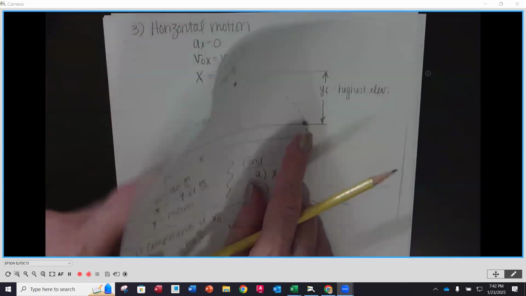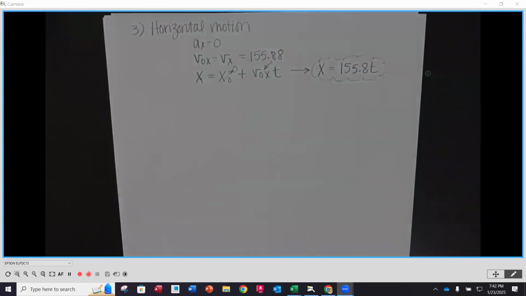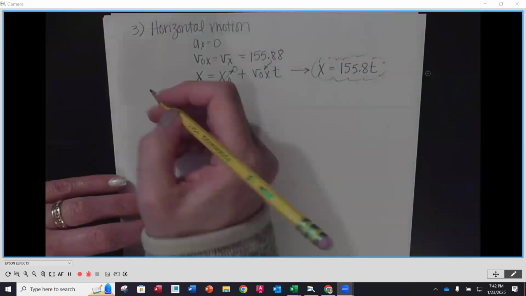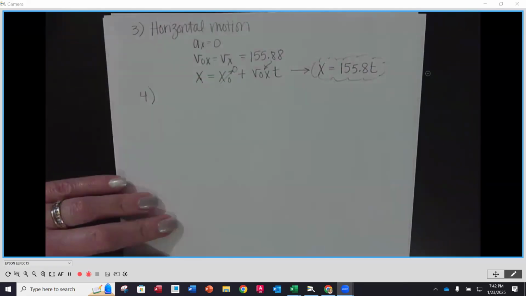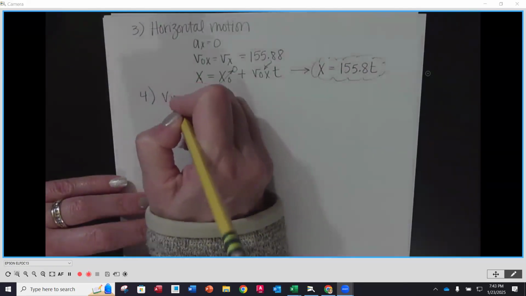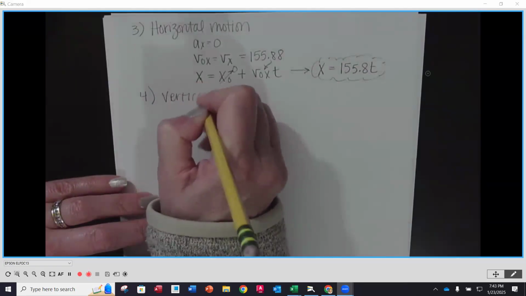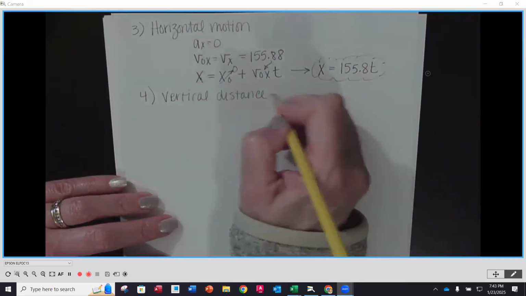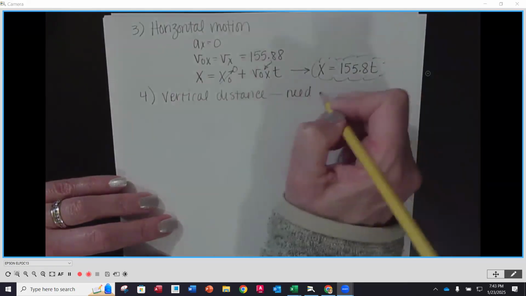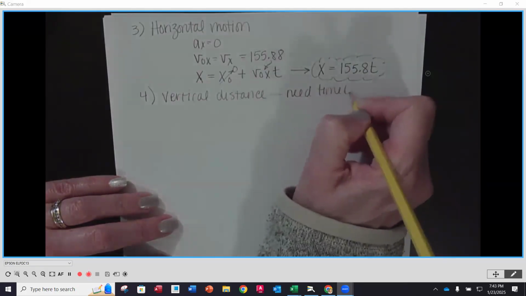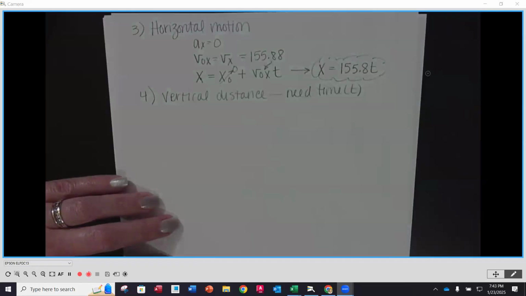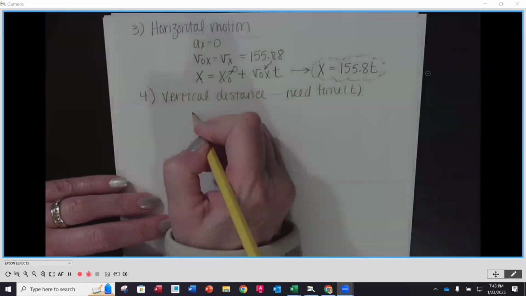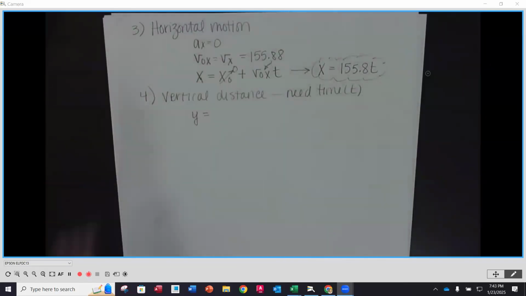Okay. So to do that, this is step number 4. This is going to be looking at that vertical distance. We need the time t for how long it's going to take to drop. So the equation that we used earlier is going to be the second one.